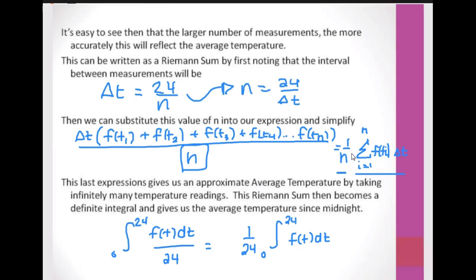So the average value of a function is simply a summation of all of the values and then averaging them up.